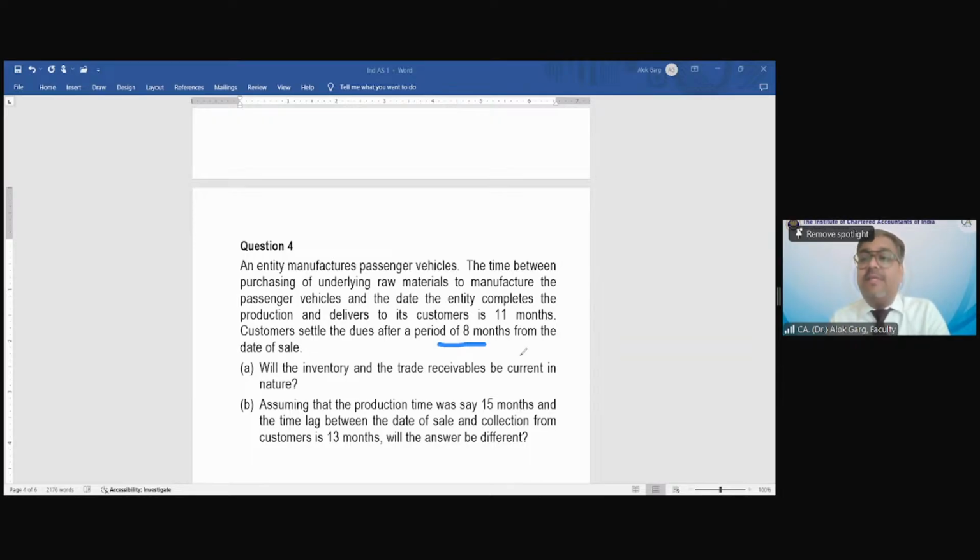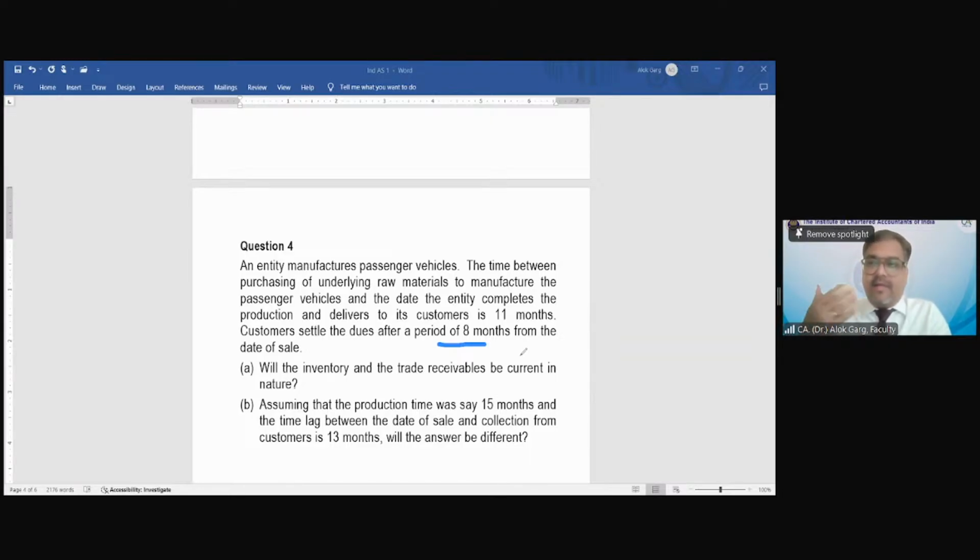Friends, there is a concept of operating cycle. And what is the concept of operating cycle? The concept of operating cycle says that operating cycle is a cycle when cash has to be converted into cash. What does it mean? When the company purchases the raw material, the company has paid cash.